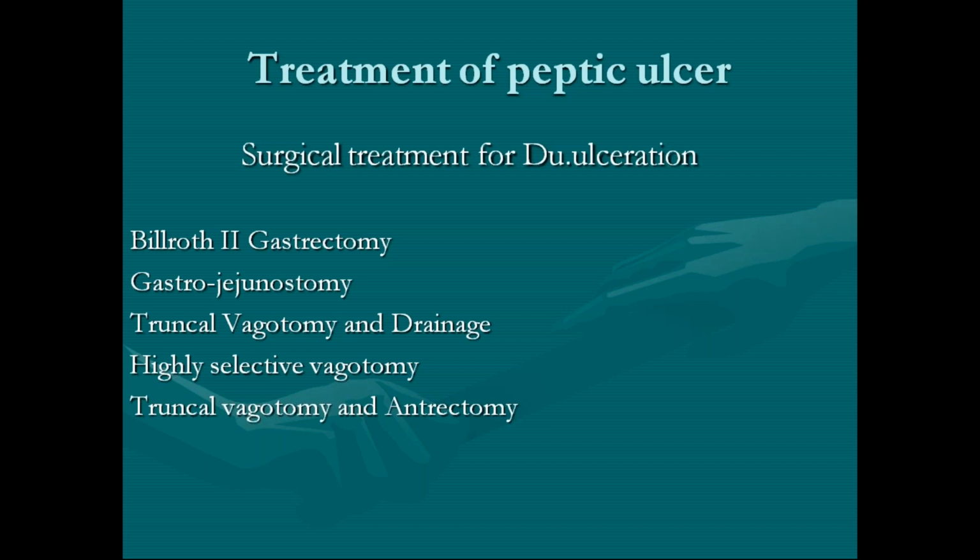Then coming to truncal vagotomy and antrectomy. So what are you doing here? You will do a truncal vagotomy and remove the gastric remnant, and you will resect the antrum, and you will join the remaining part of the proximal part of the stomach to the duodenum.